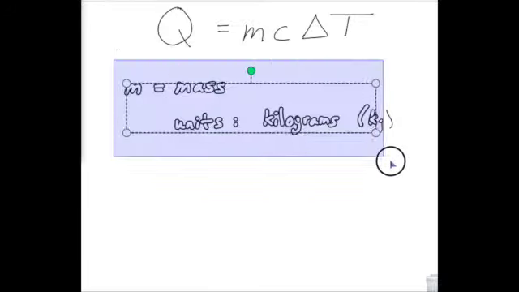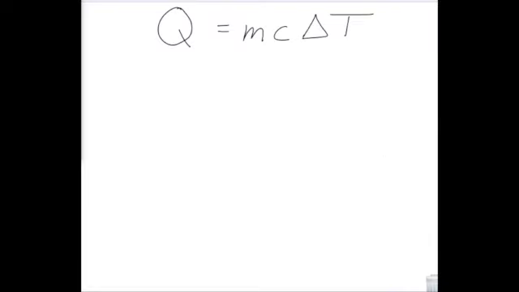After that, we've got a little c. The c is a fairly new idea for us in this unit. It's called specific heat. And so it's not the same thing as heat, even though it sounds like it's called specific heat.